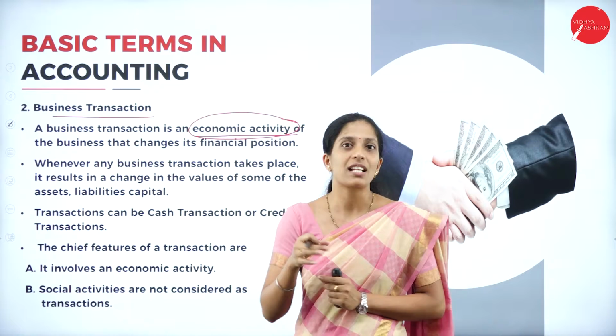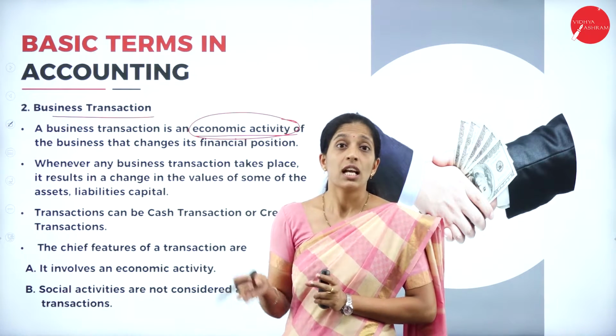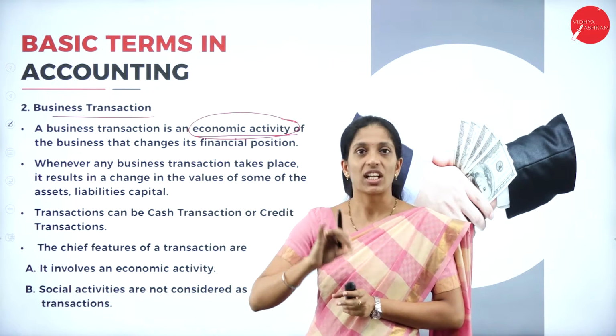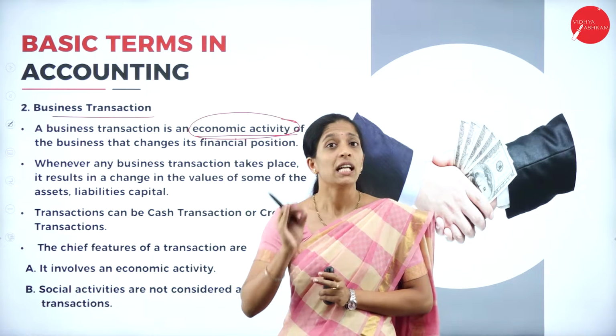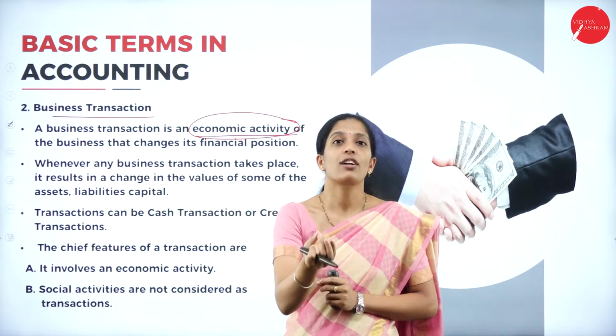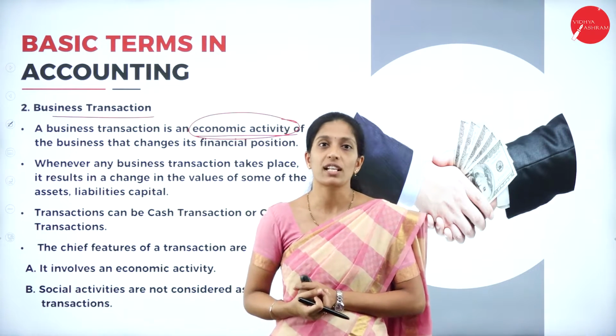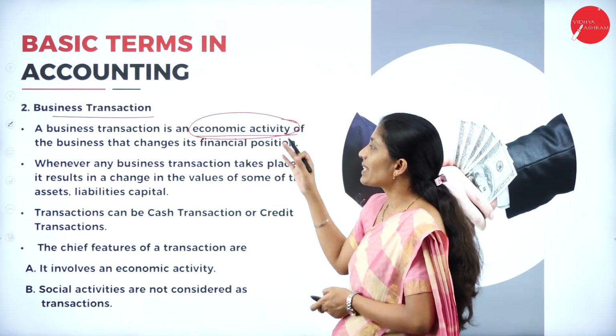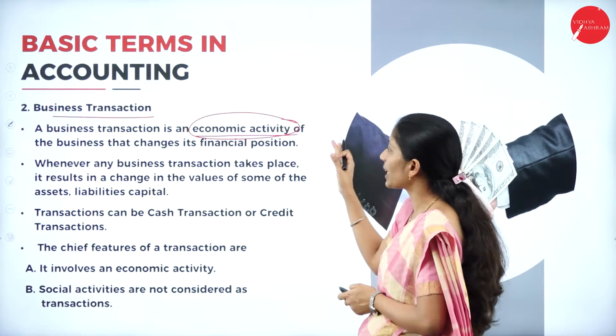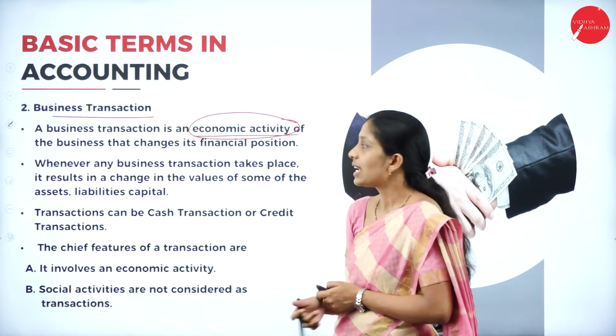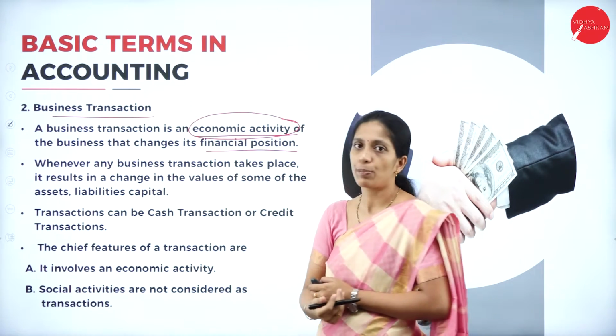For example, business is an economic activity because we invest into the business and we conduct various types of activity, but our main intention is what? In order to get the profit. So, our return is what? That is, profit is a return. So, a business transaction is an economic activity of business that changes its financial position.